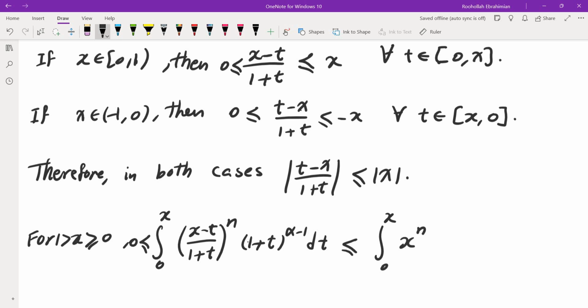And clearly this is greater than or equal to 0 because of the monotonicity, because both (x−t) over (1+t) and (1+t) are non-negative.